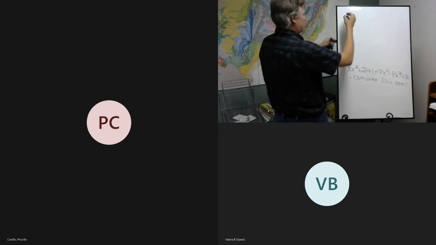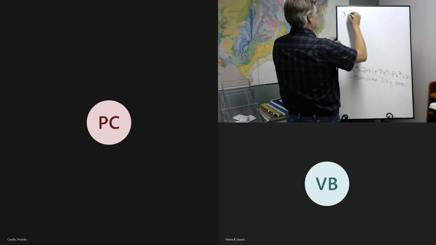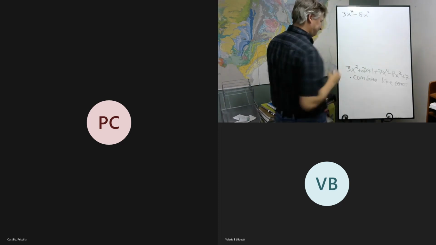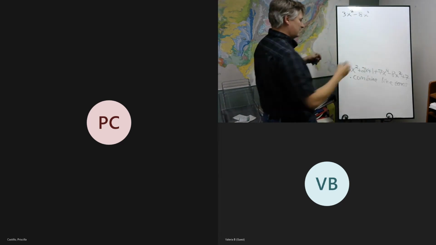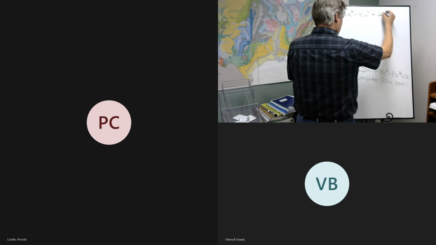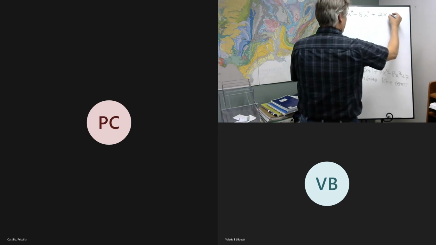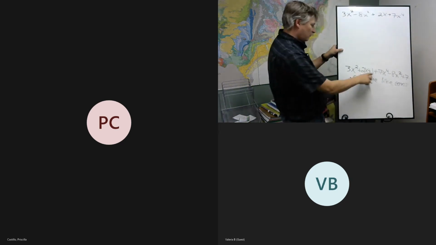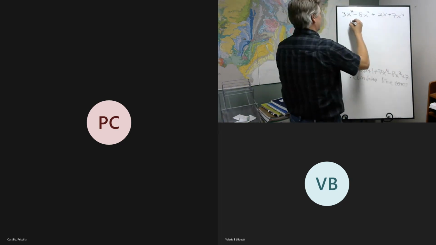So we have a 3x squared minus an 8x squared. We have a plus 2x. So you have a plus 7x to the fourth. And then we have a 1 and a 7.